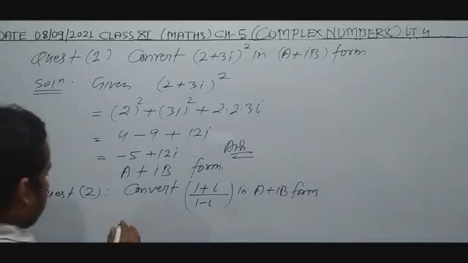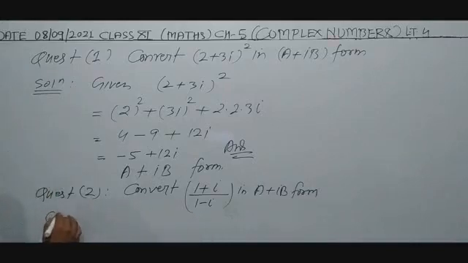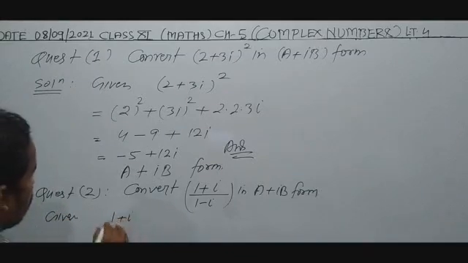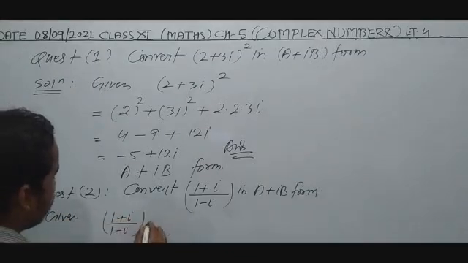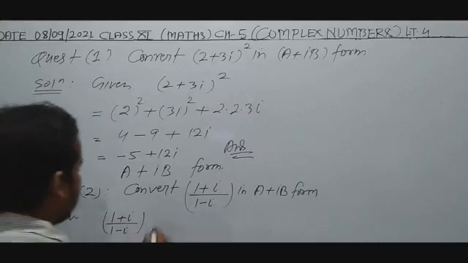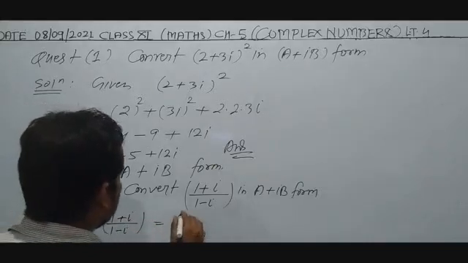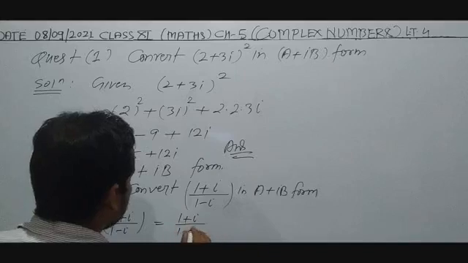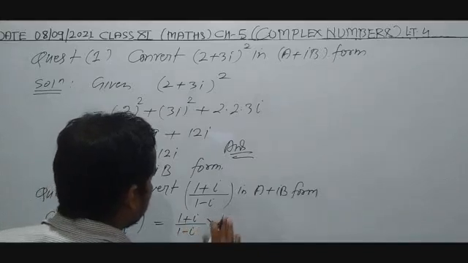So given 1 plus i upon 1 minus i, and we have to rationalize by 1 plus i.